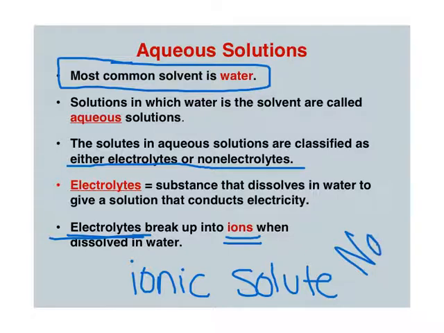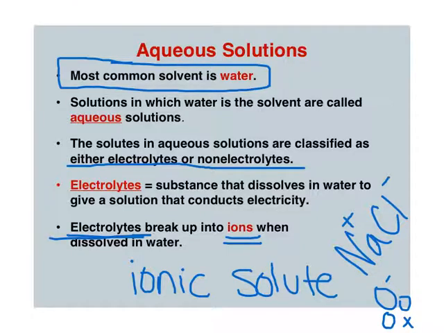So say it's NaCl dissolved in water. Well, when I put this in water, these are going to separate into their ions, okay? The positive will go toward the oxygen end of the water molecule, and here's your hydrogen end, which is positive. Remember, that's polar.